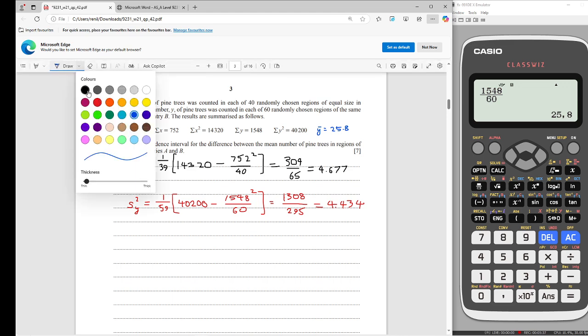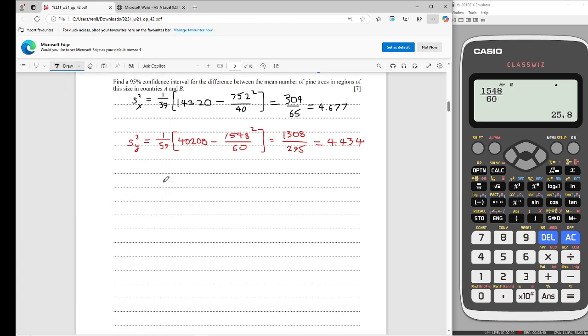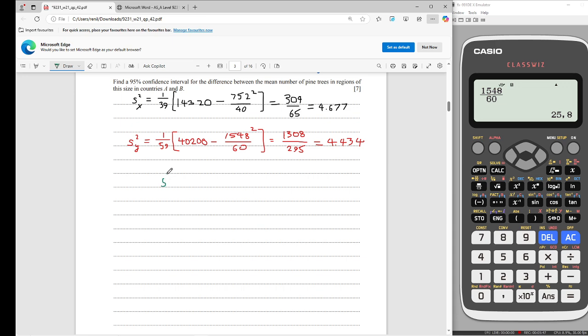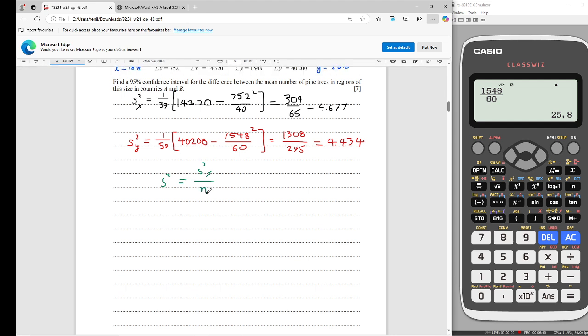Now to calculate s², s² is equal to s² of x divided by the number of terms of x, which is nx, plus s² of y, all divided by the number of terms of y.